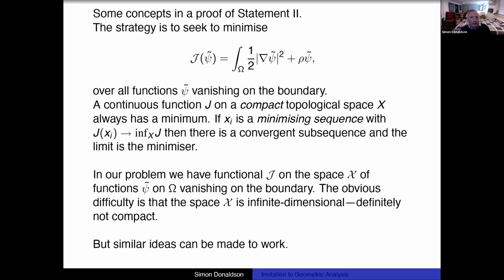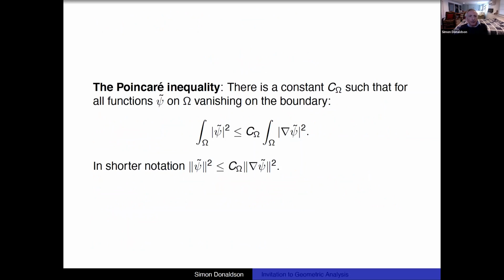So the point is that similar ideas can be made to work in an infinite dimensional setting. And one of the key things in doing that is what's called the Poincare inequality. That applies much more generally, but in the case at hand, this says that if we consider all functions vanishing on the boundary, then the L2 norm of the derivative that we were considering before controls the L2 norm of the function.